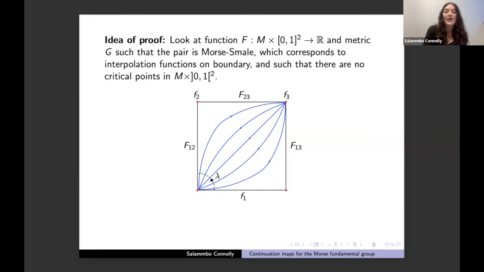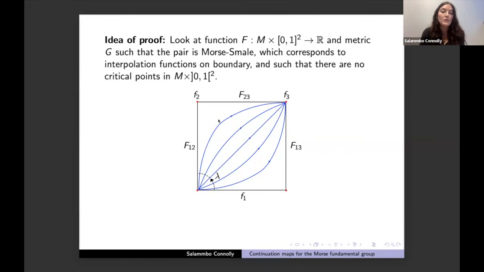So that if you look at broken trajectories around here, you get the identity here and phi1 3. And over here, you get phi1 2 and phi2 3. What you want is that going around one side gives you the same loops as the other side, or at least the same equivalence class of loops.